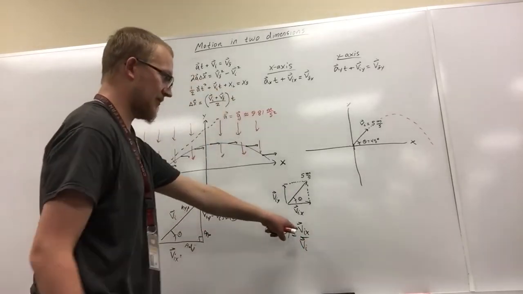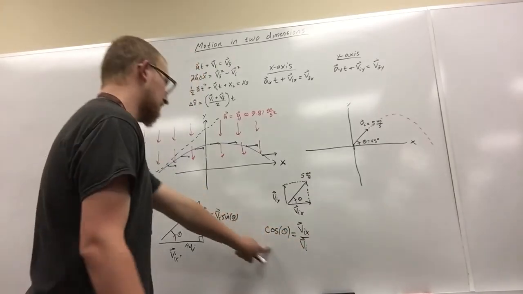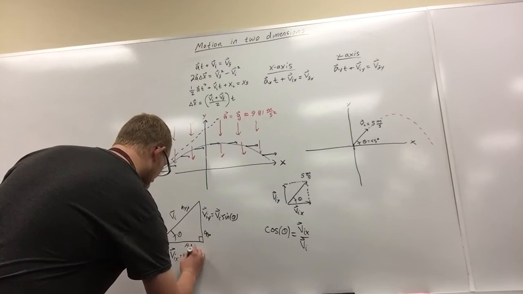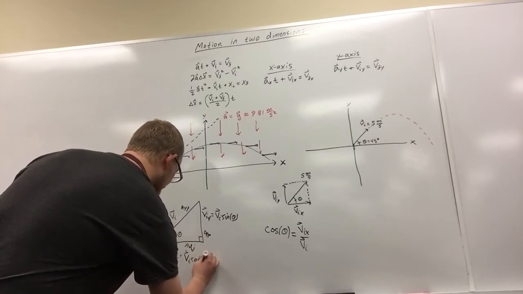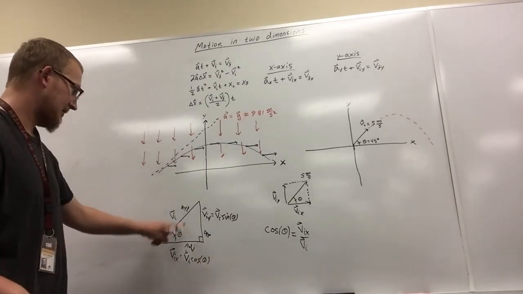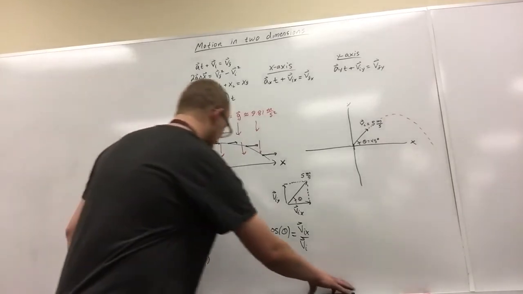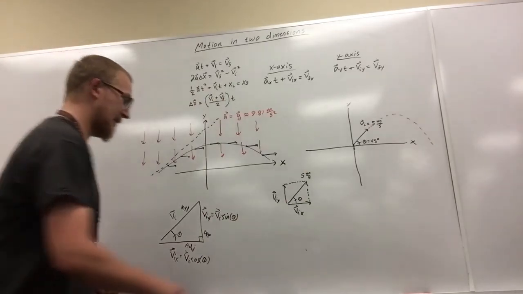So this is my velocity initial in the x direction, and this is my total initial velocity. I can multiply it over and solve that VIX equals the total initial velocity times cosine theta. So the adjacent side is always going to be the hypotenuse times cosine theta, and the opposite side is always going to be the hypotenuse times sine theta. That's how I'm going to break this down.